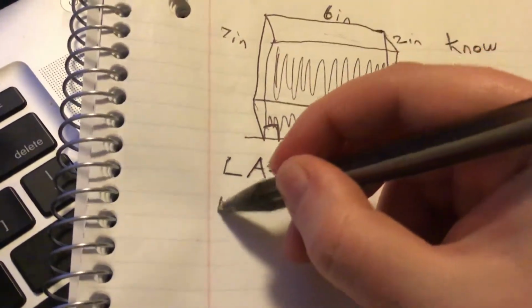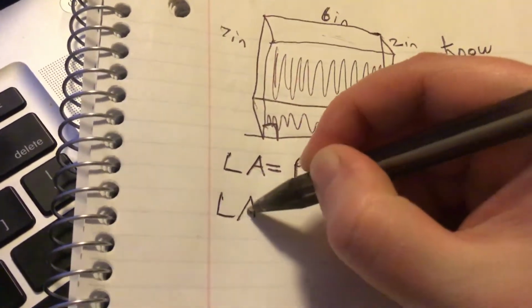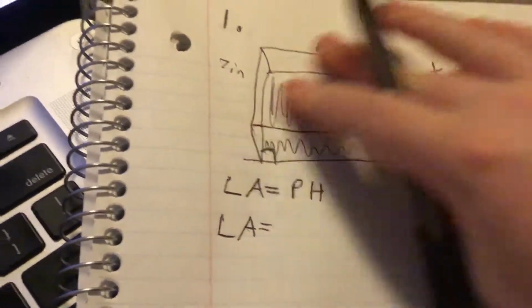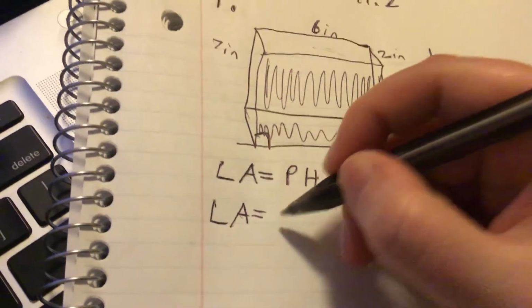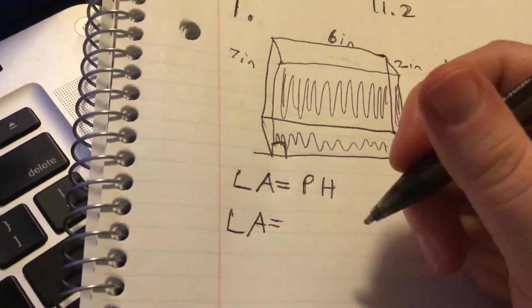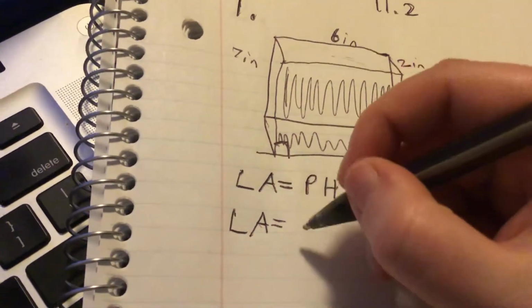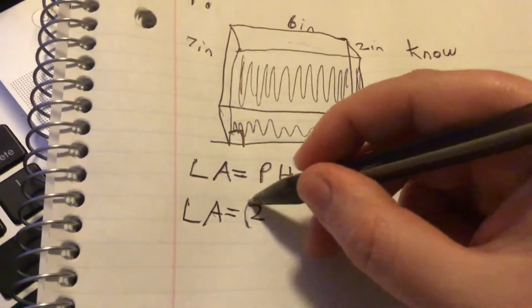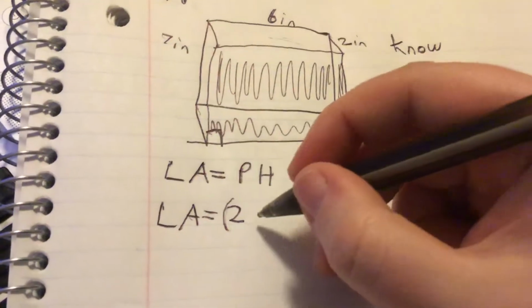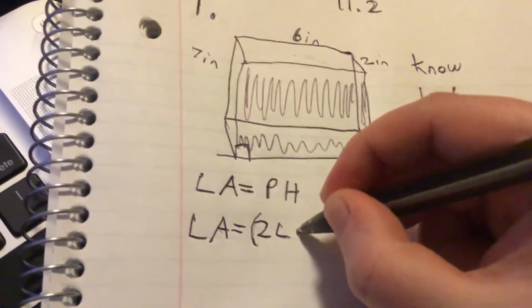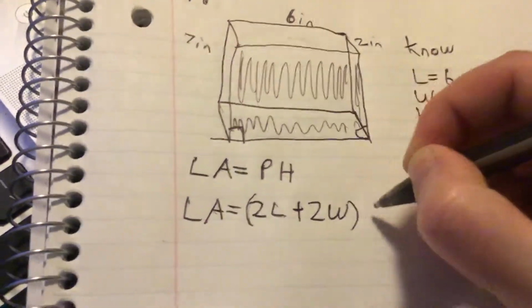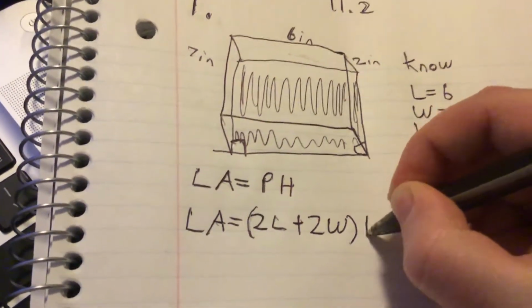So how we're going to do this is we're going to write LA equals, for perimeter, instead of having to add up all of our sides, I'm going to make my life a little bit easier, and I'm going to do 2 times L plus 2 times W times H.